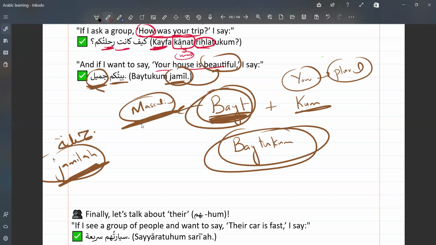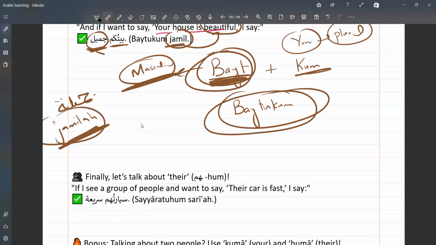Since in this sentence the subject is bayt, house, which is masculine, we'll use a masculine word for the subject. So Jamil is a masculine word. Why? Because the subject is masculine, bayt. So we will say baytukum jamil, not baytukum jamila. That will be incorrect grammatically, right?